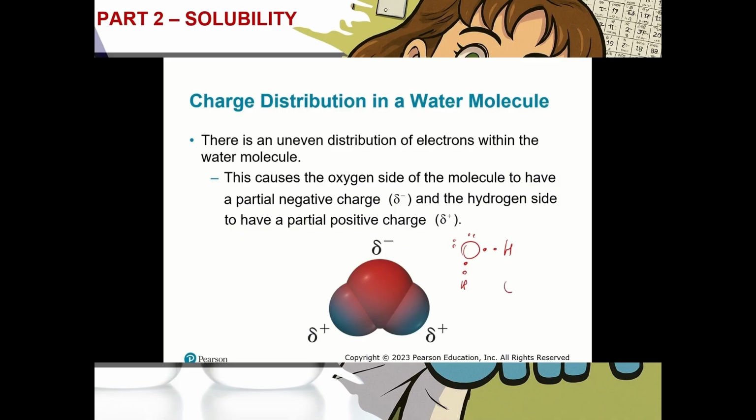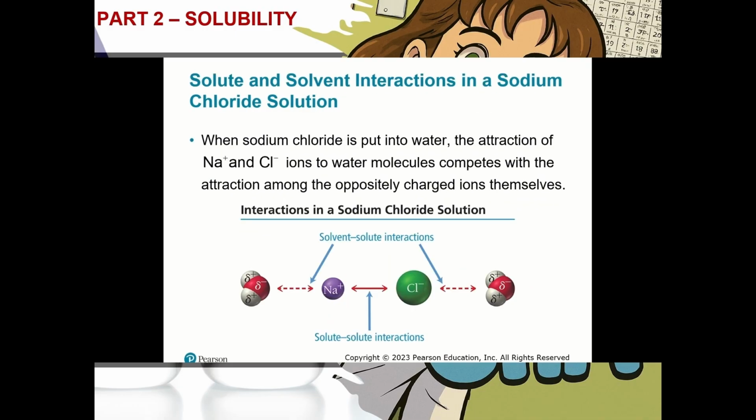So you're going to see the electrons more in the area of the oxygen than in the hydrogen, and that will make the oxygen partially negative and the hydrogen partially positive. So that's why this is a polar molecule. This polarity allows water to interact with ions and dissolve many substances.